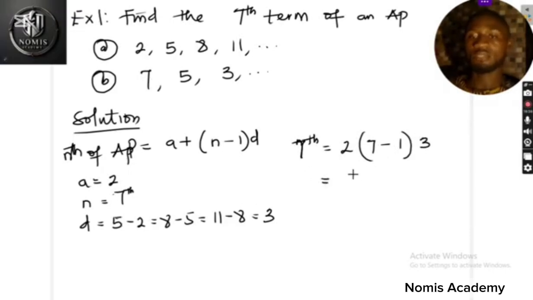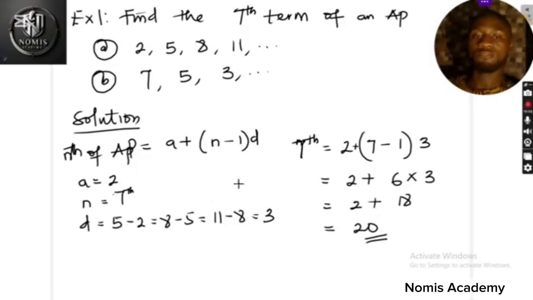So that is 2 plus 7 minus 1, which is 6, multiplied by 3. So that is 2 plus 18, which is 20. So the seventh term is 20 for the first one.